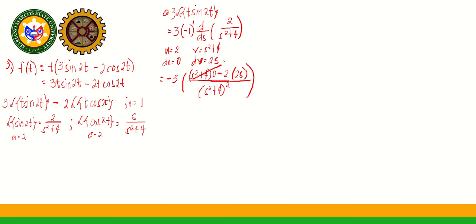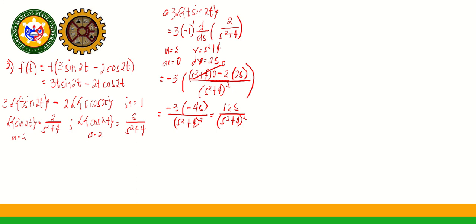So this will cancel kasi magiging 0 yan. So we will be left with negative 3 times negative 4s over s squared plus 4 quantity squared. And simplifying further, this will be equal to 12s over s squared plus 4 quantity squared. So this is the Laplace transform of our first term, si 3t sine 2t.